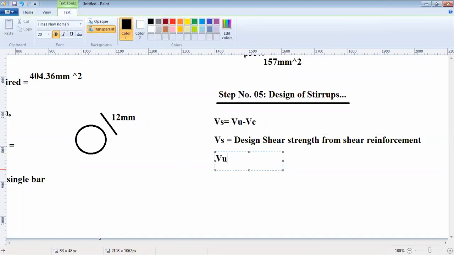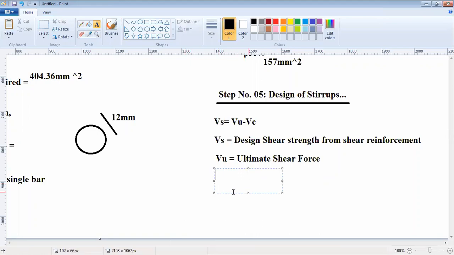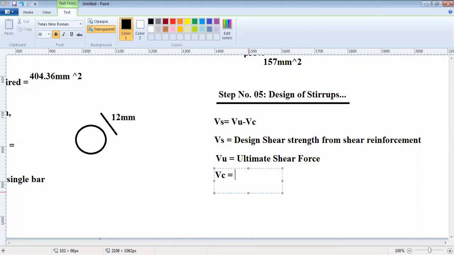VU is your ultimate shear force. VC is design shear strength of concrete.